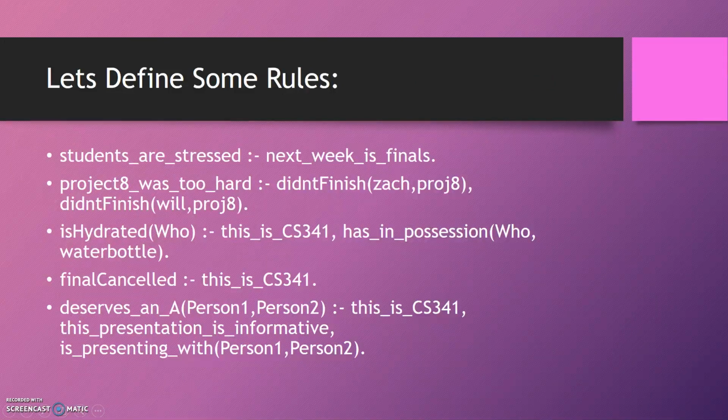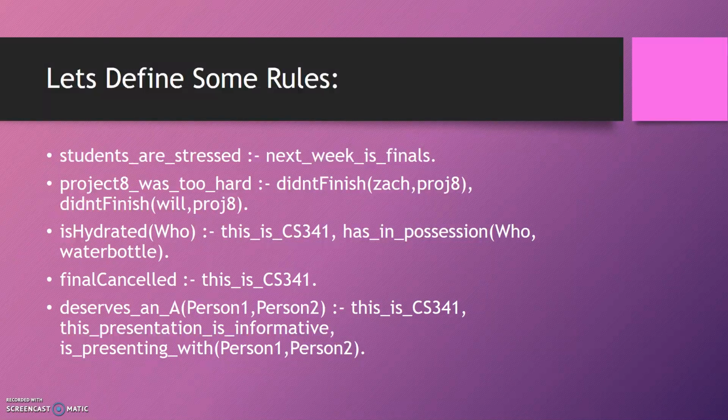In our text file, we also define several rules, the first of which is students are stressed with the condition next week is finals. The next rule is project 8 was too hard with the conditions didn't finish, Zach, project 8, and didn't finish, Will, project 8. Our next rule is hydrated with the variable Who.